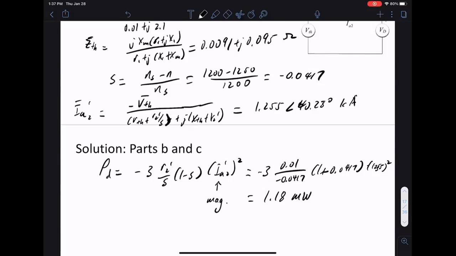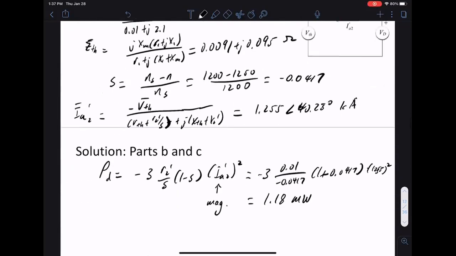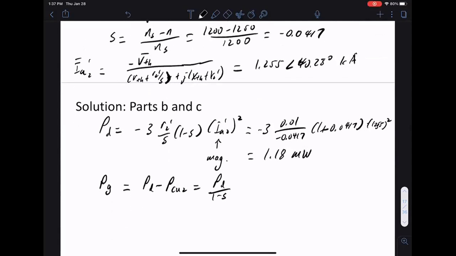Next we can look at the air gap power. There are several ways to do this calculation. We can just divide by 1 minus S if we want, or we can subtract off the copper loss. Both ways are possible and they will be equivalent. Here, let's just do it by subtracting the copper loss.